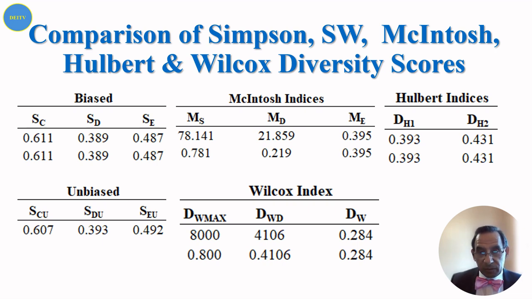Even the Hurlbert standardized index is 0.393, which again is larger than the Wilcox index. So generally the Wilcox index will produce a smaller diversity score in comparison to the other indices, simply based on the way the formula that was constructed by Wilcox is applied to the data.